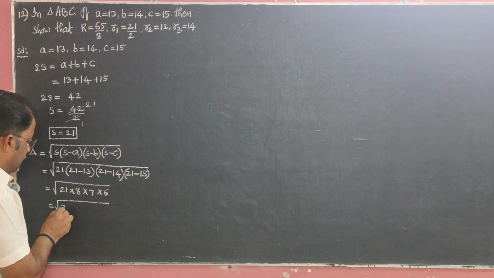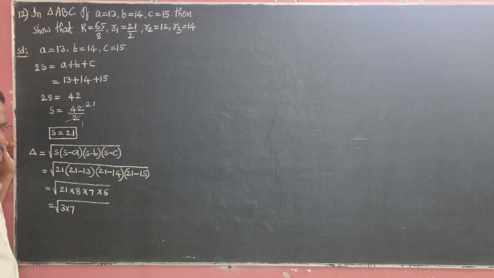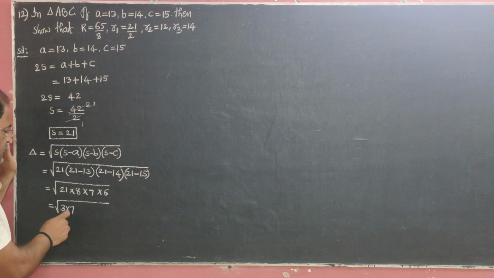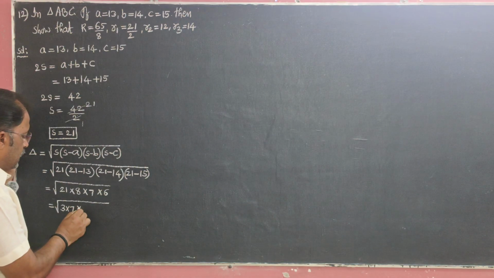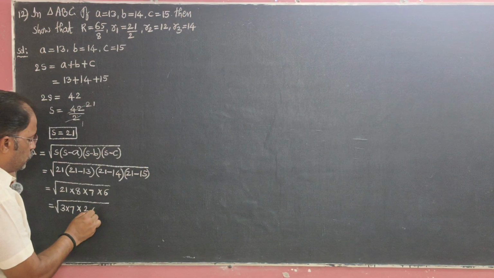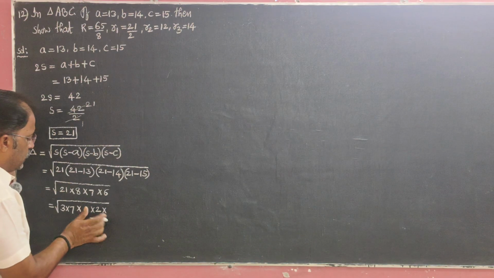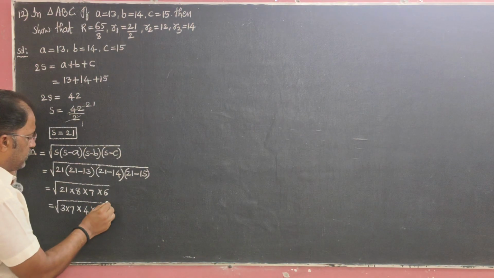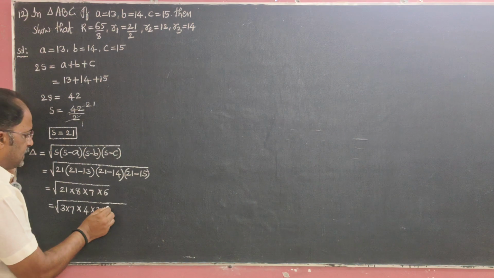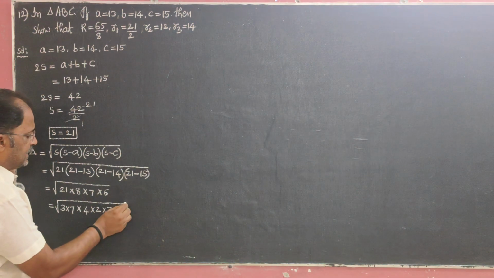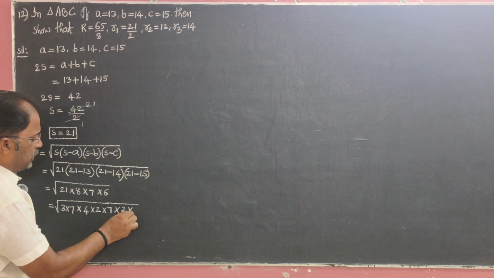21 can be written as 3 into 7, 8 can be written as 4 into 2, 7 as it is, and 6 can be written as 2 into 3.